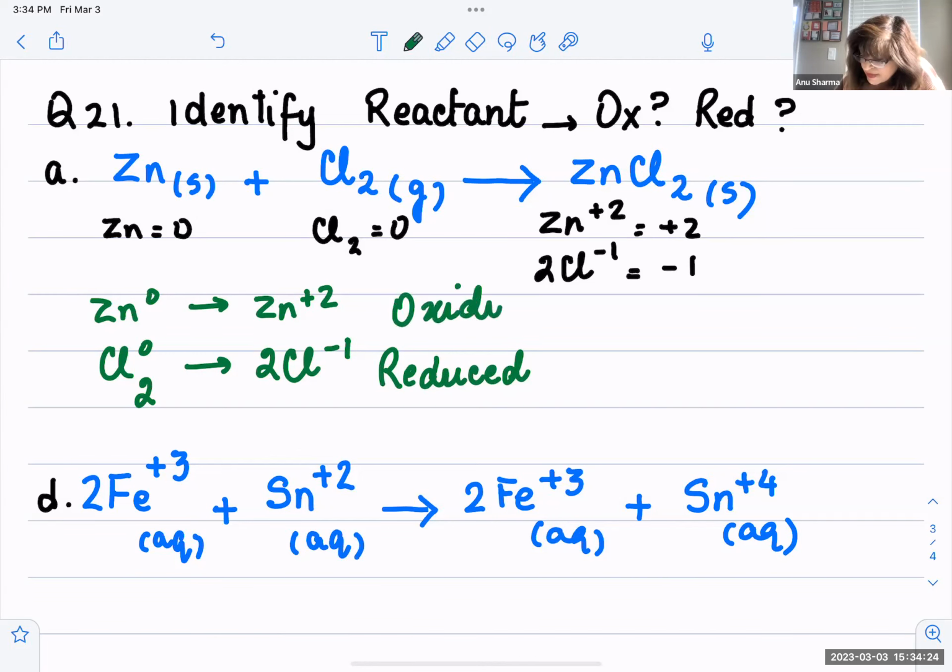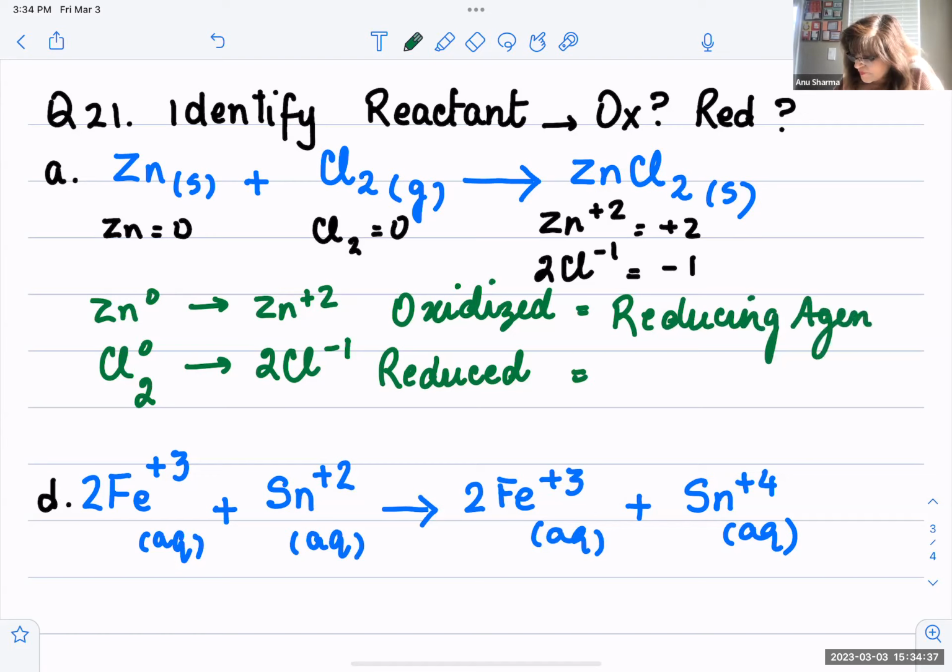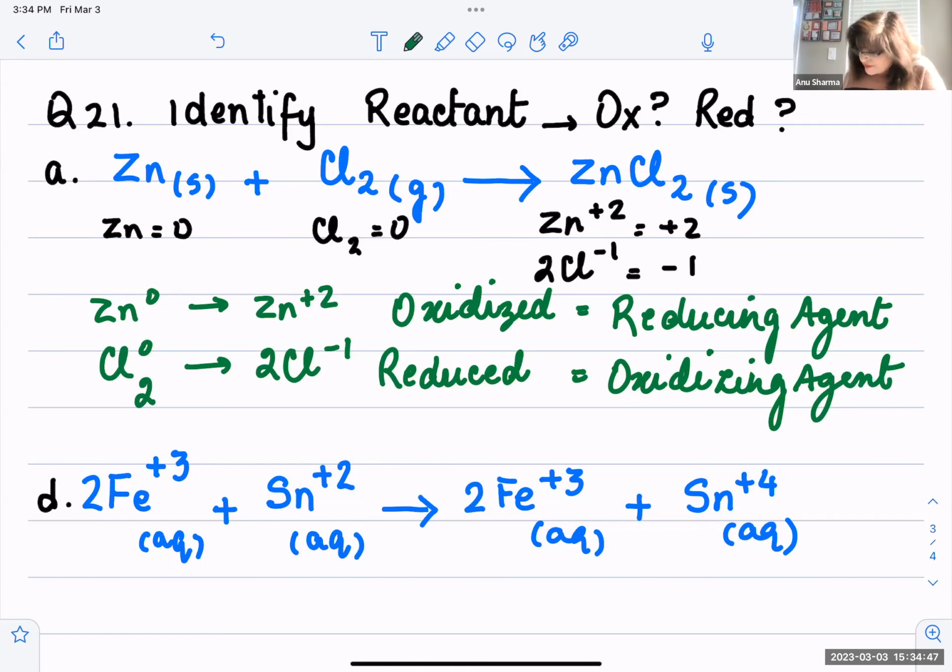Moving from 0 to the plus side is oxidation. So zinc got oxidized, and if it got oxidized, it's acting as a reducing agent. And here chlorine is acting as an oxidizing agent. All right. So that's one piece.